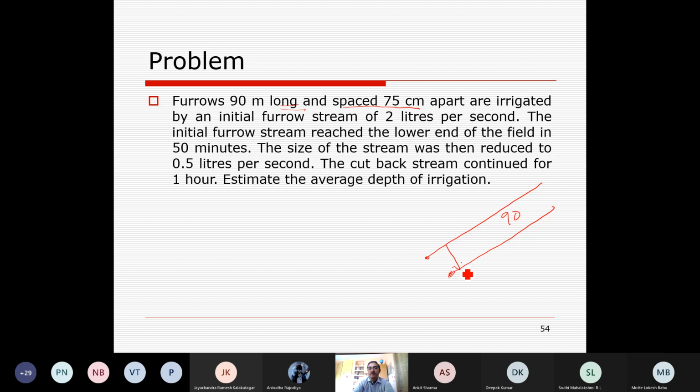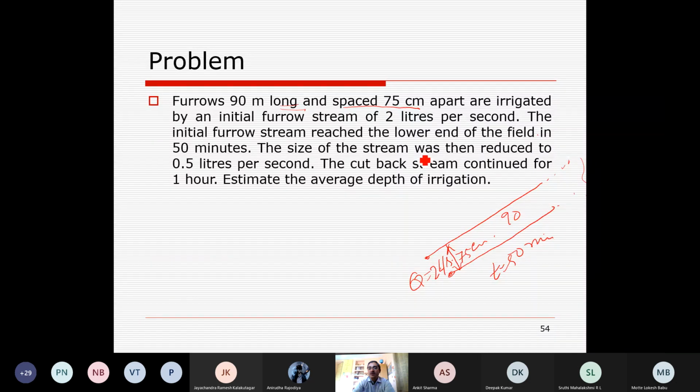This is the area irrigated by an initial furrow stream of Q equal to 2 liters per second. The initial furrow stream reached the lower end of the field in 50 minutes. It reached here in 50 minutes. So T is equal to 50 minutes.